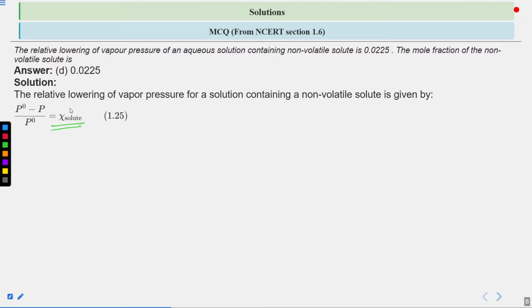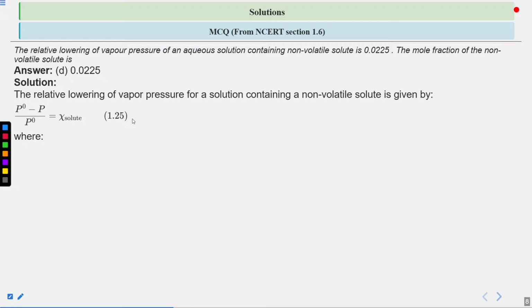This solute is a non-volatile solute present in the aqueous solution, and the relative lowering of the vapor pressure is given by this term, P naught minus P upon P naught. P naught here represents the vapor pressure of the pure solvent, P represents the vapor pressure of the solution, and chi solute represents the mole fraction of the solute.